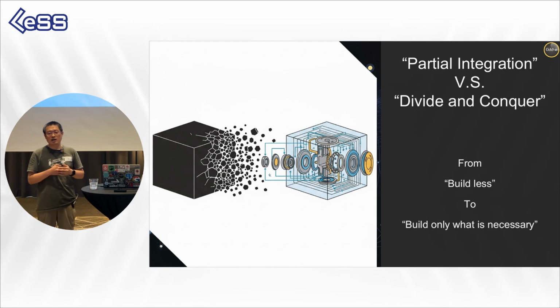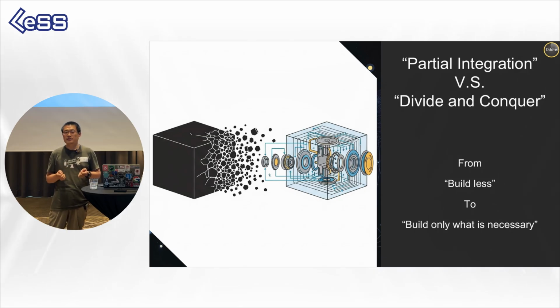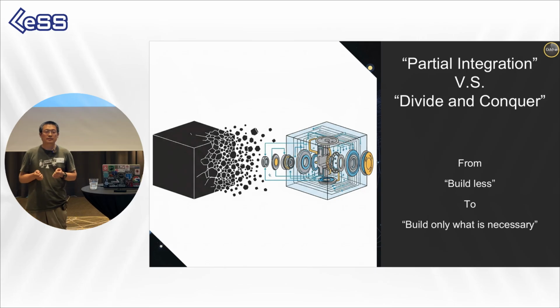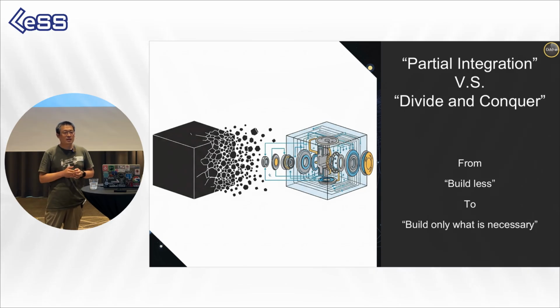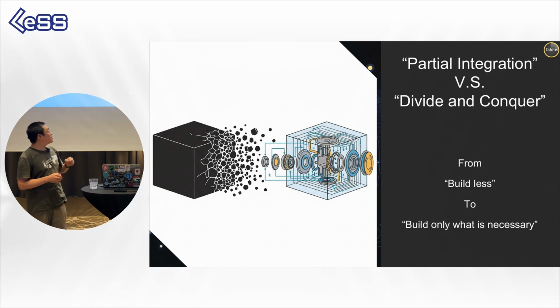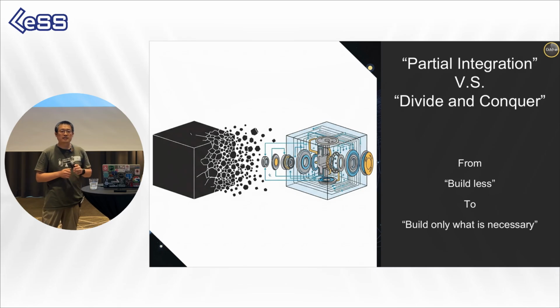The divide and conquer I'm talking about here is based on a precise and explicit global dependency network, and it's a systematic and predictable way of breaking things down. It's not just building less, but precisely building only what is necessary.